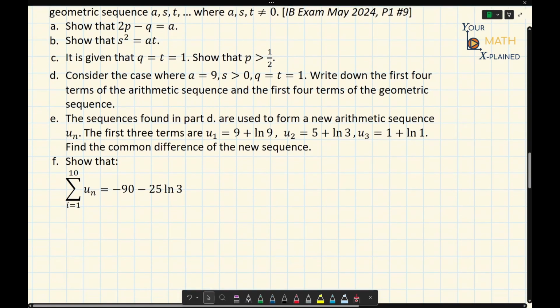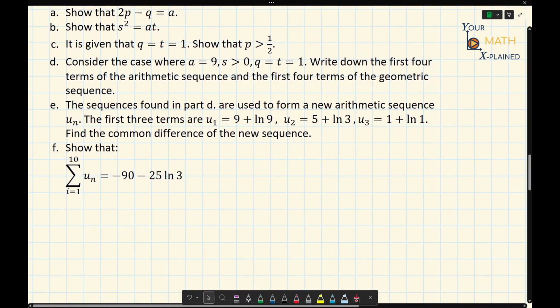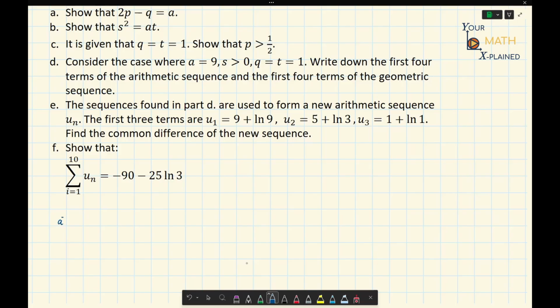Now, the first part of the question, part a, is asking us to show that 2p minus q is equal to a. So because a, p, q is an arithmetic sequence, we know that they must share a common difference, which means if we take the second term and we subtract the first term from it, that's going to be equal to the common difference d.